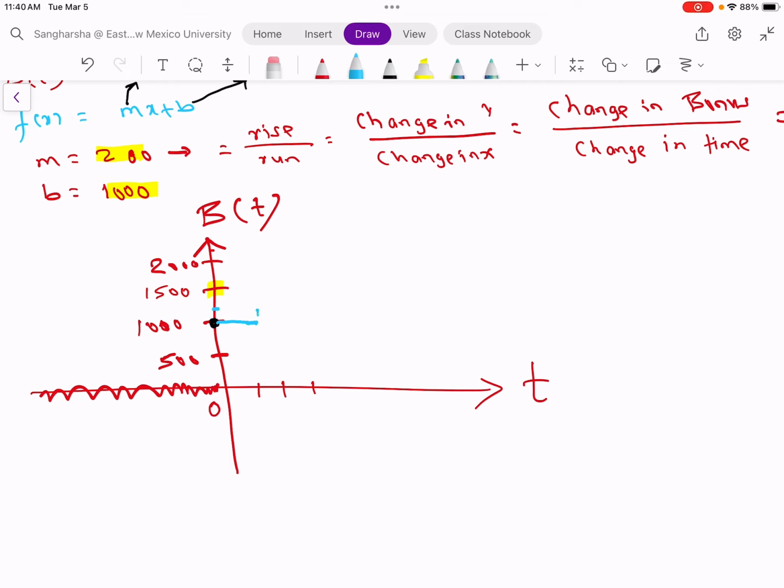So up by 200, this is our second point. And we connect these points, we get a graph. Can we extend this graph to the left or not? No, right? Because negative time doesn't exist. So it starts from here and you can go all the way to the right. And you can just use this function to predict the bonus.